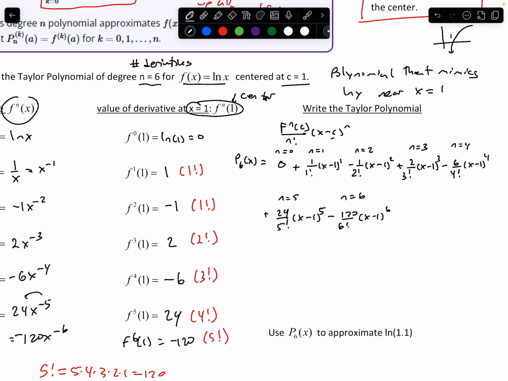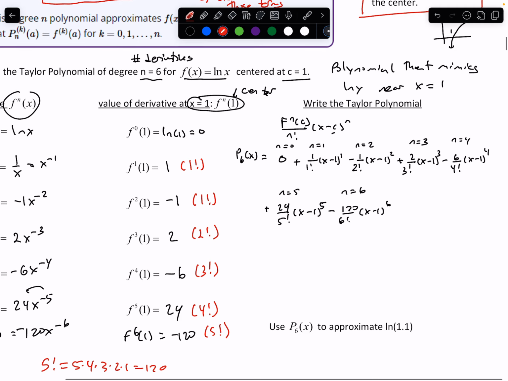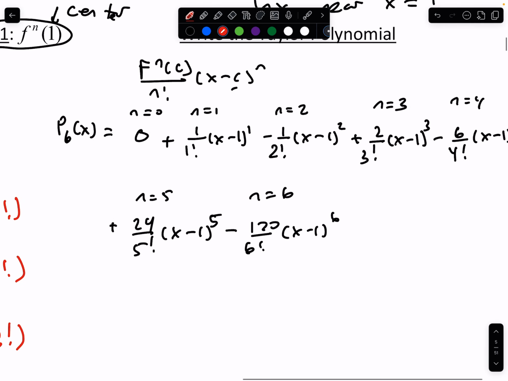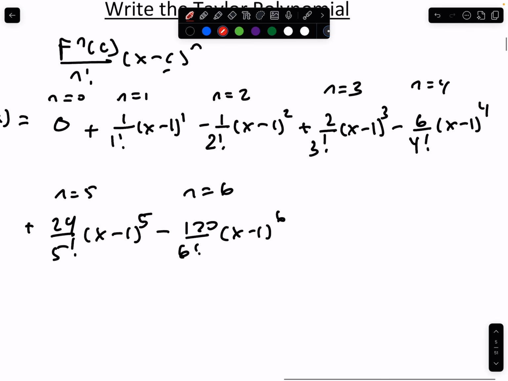Now, if you're clever, and you are, remember this. So I'm going to zoom in here real quick. There's my Taylor polynomial, nasty. Leave it like that, that's your answer. But if you want to be really fancy, remember this one right over here, this is just 1 factorial.